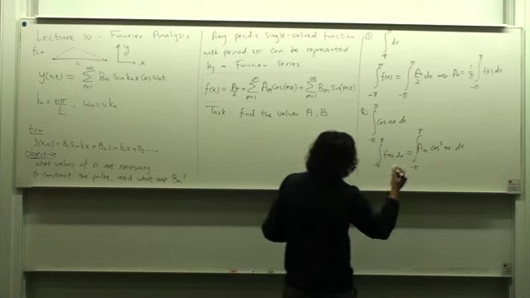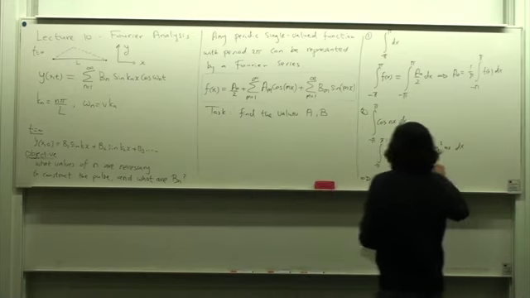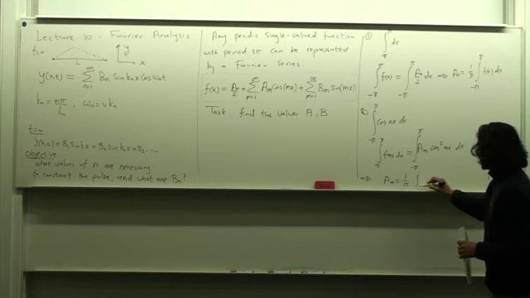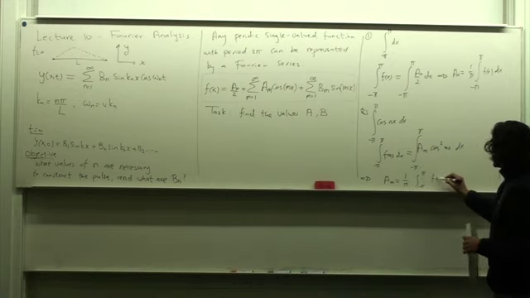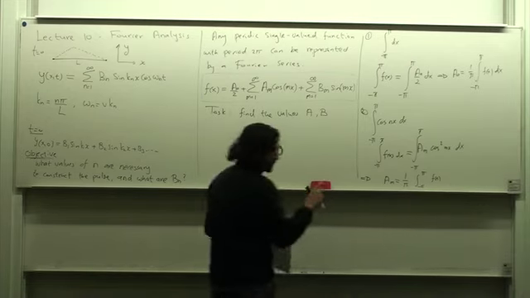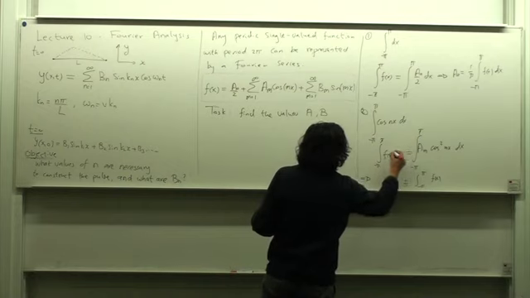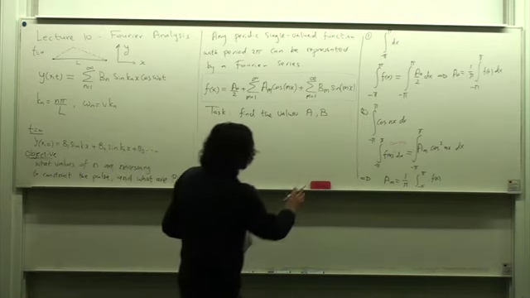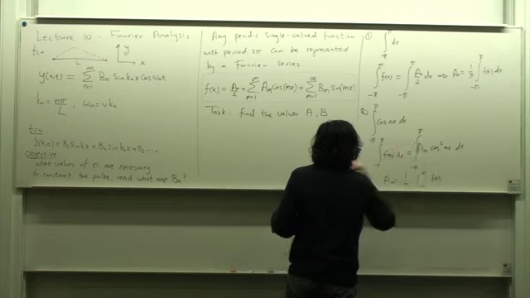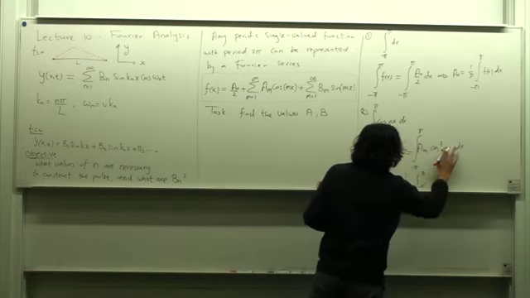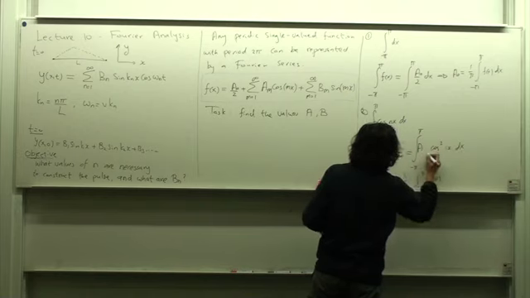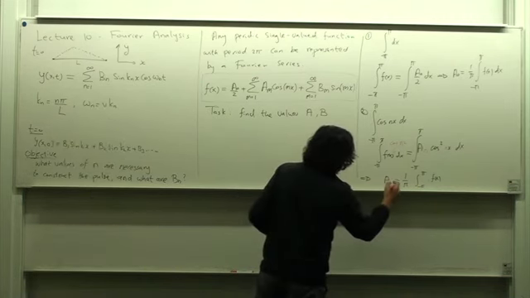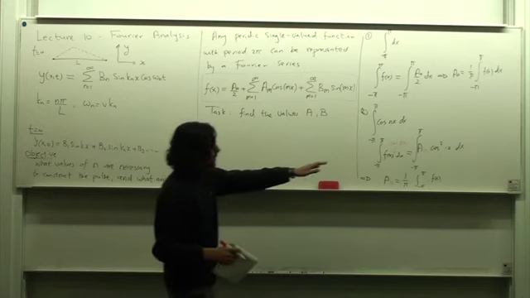You can write it here. So you get am equals 1 over pi integral from minus pi to pi of fx times cosine mx, or nx. n and m are equal here, so it doesn't matter, just for consistency to have everything with n.